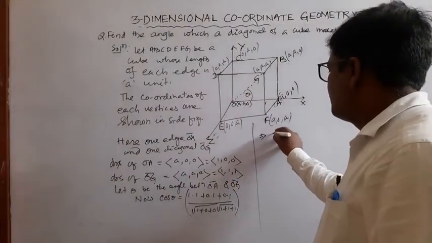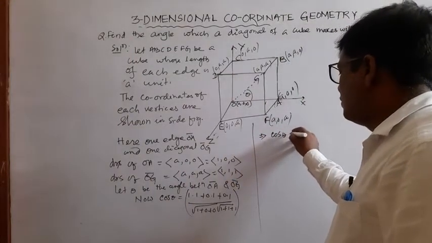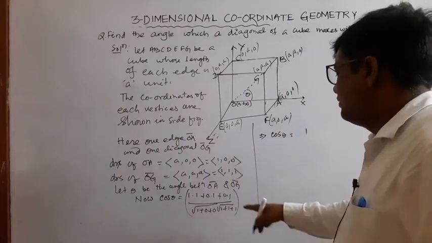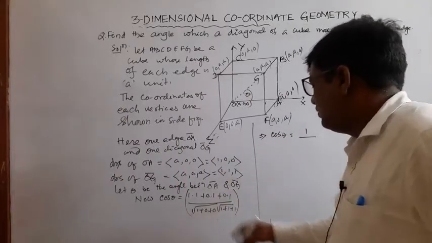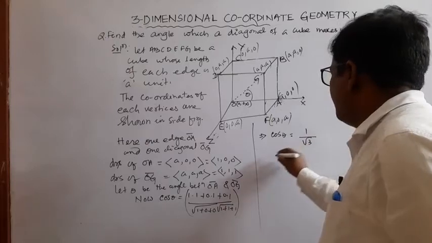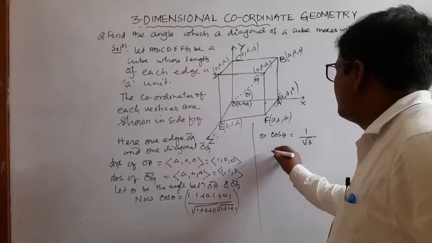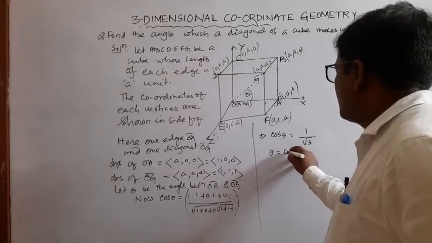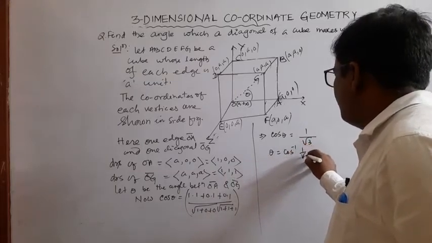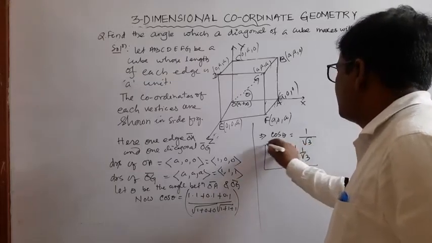That implies cos theta is equal to 1 by root 3, or theta is equal to cos inverse of 1 by root 3. This is the answer.